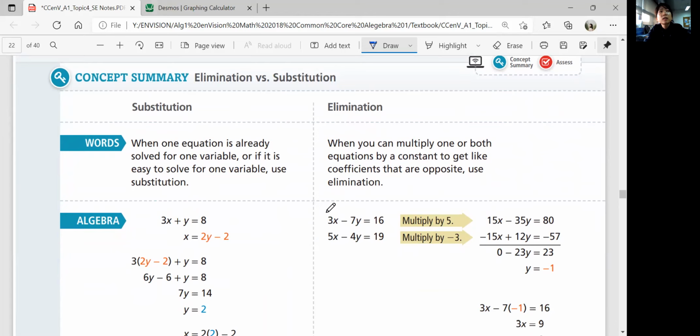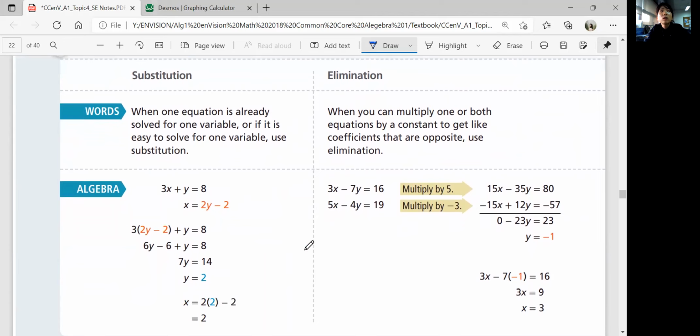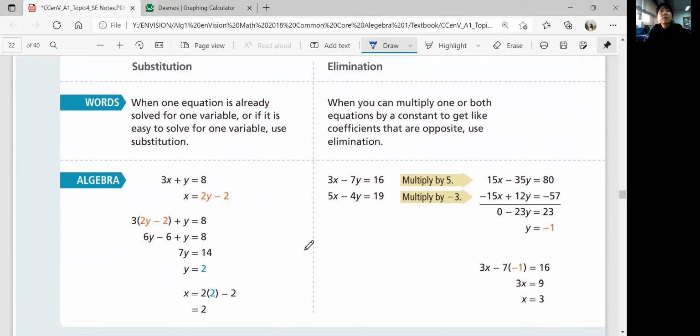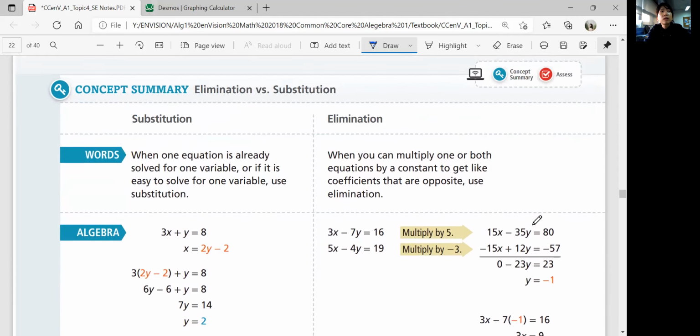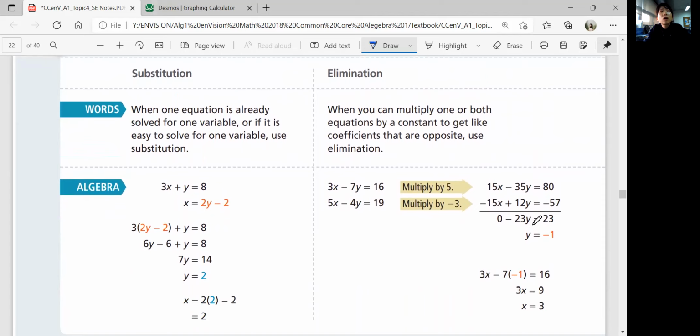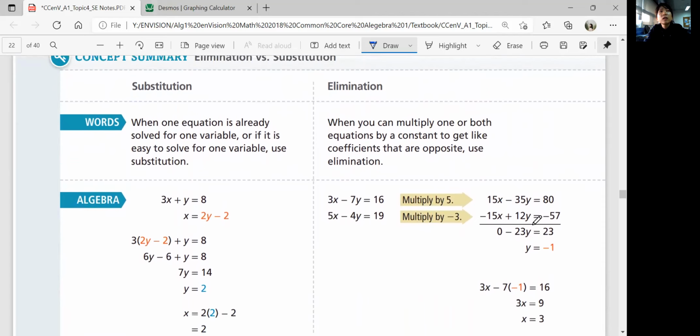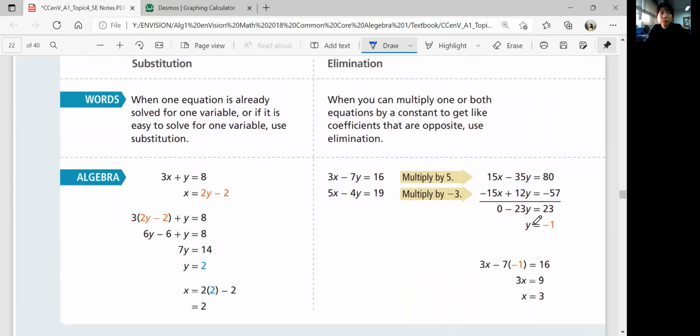So when one equation is already solved for one variable, or if it's easy to solve for one variable, you can use substitution. When you can multiply one or both equations by a constant to get like coefficients that are opposite, then you need to use elimination.